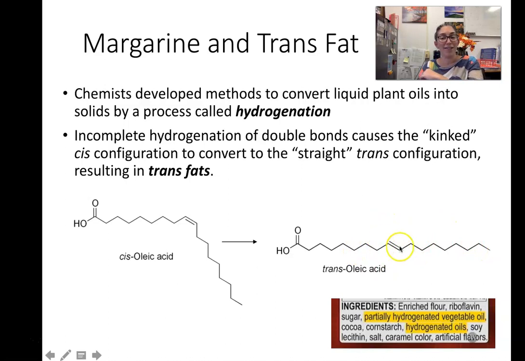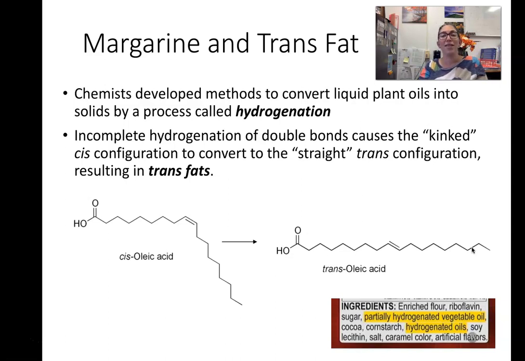And the trans double bonds resulted in a straight molecule that behaves very much like saturated fats, so it packs tightly. And the reason they did this is because people don't like spreading oil on their toast. They want to spread butter on their toast. Butter and oil have different flavors, different tastes, different textures.